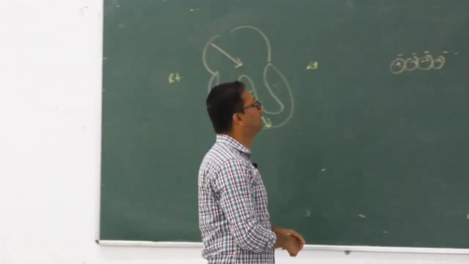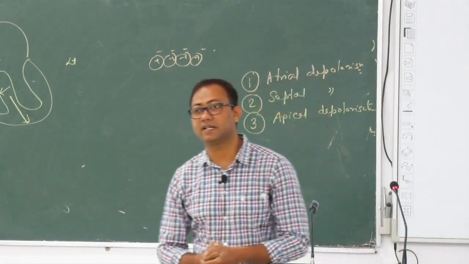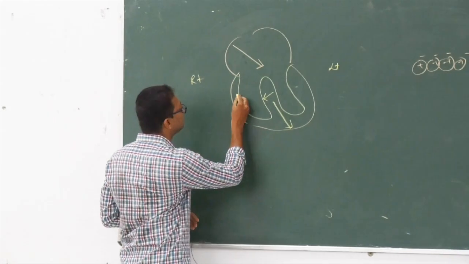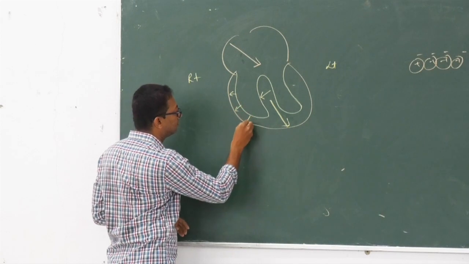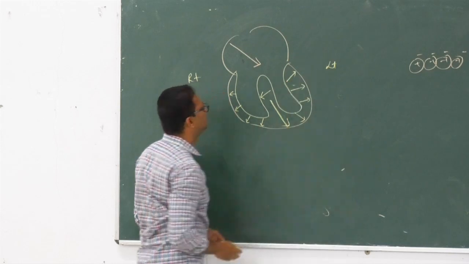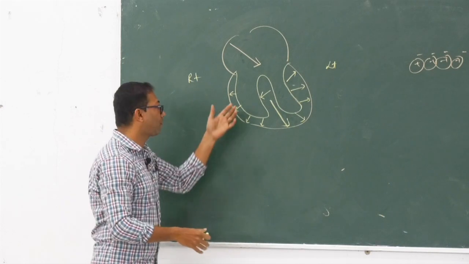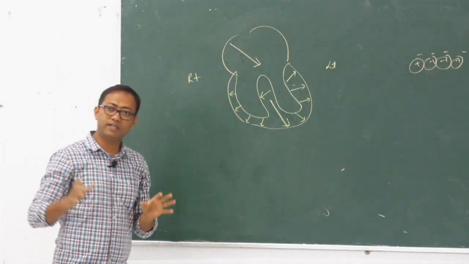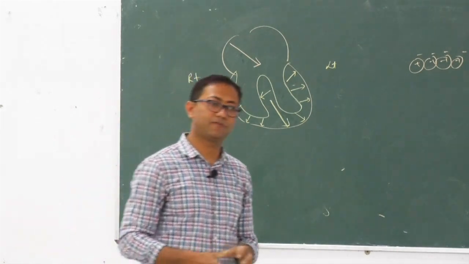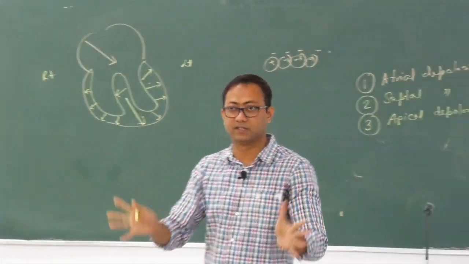Next is again the resultant of many vectors. What are those vectors? These are the ventricular free wall, right? All these ventricular free walls will get depolarized from inside to outside. Both the left ventricular free wall and the right ventricular free wall will get depolarized from inside to outside in a fanning fashion.